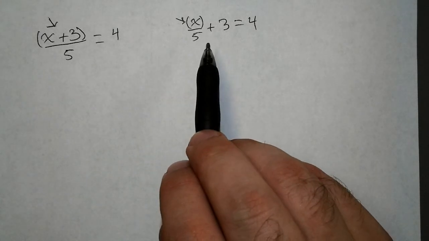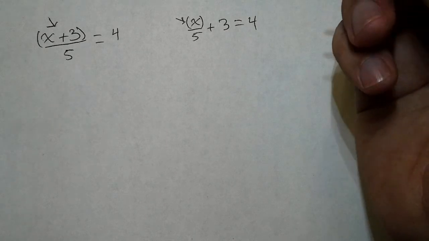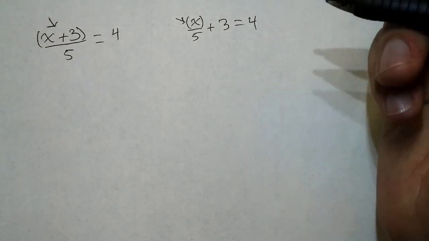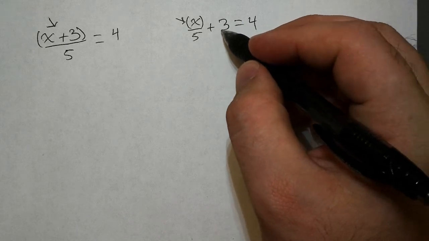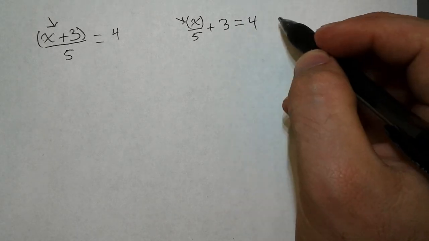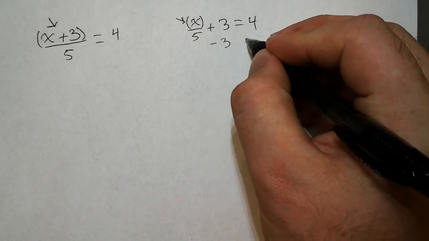I'm going to solve this one first because we should know how to do this already. If you want to, go ahead and grab a piece of paper and try this with me. So our first step on this, we've got a number all by itself, so we're going to move this number to the other side. We're going to go with the opposite of plus 3, which is minus 3.